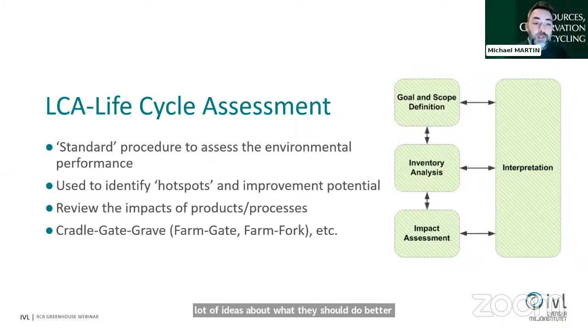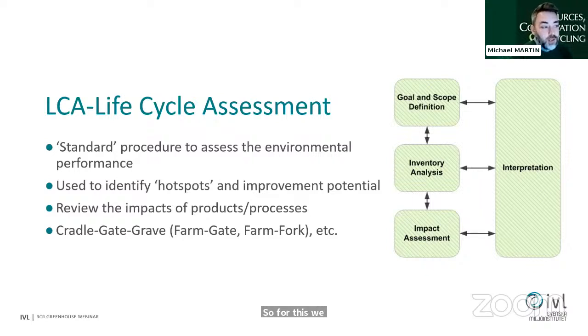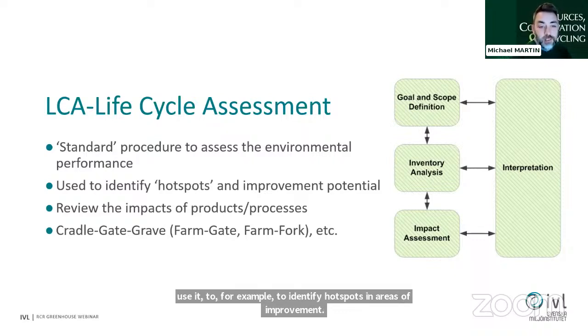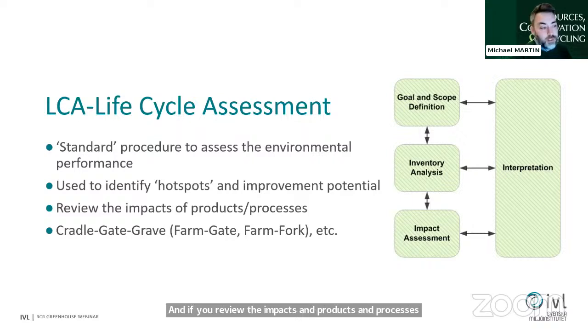So for this, we basically studied the system using life cycle assessment. For those of you who aren't up to date with what LCA is, it's a standard procedure to assess the environmental performance of a product or service. We typically use it, for example, to identify hotspots and areas of improvement, and to review the impacts of products and processes along the life cycle.